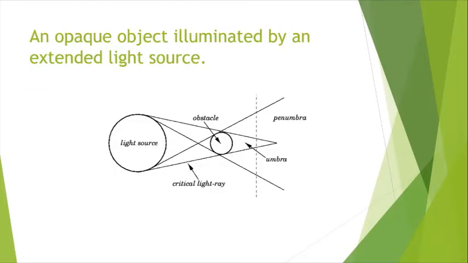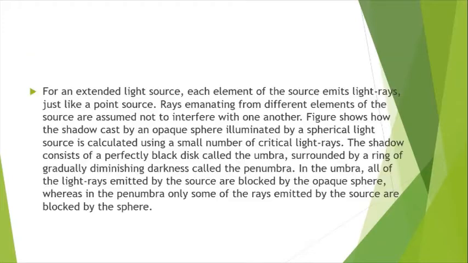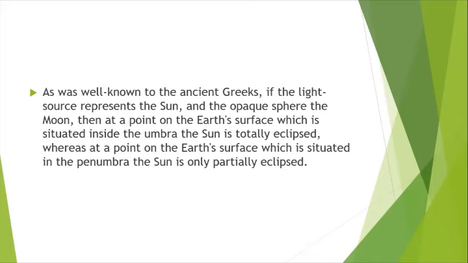Okay, since yung sa Earth naman is yung sa penumbra, may mga part pa rin na makikita galing dun sa light source or dun sa sun, kahit naharangan siya ng obstacle or ng moon. Okay? Kaya ang nangyayari is it's only partially eclipsed kapag penumbra. Kapag umbra, that is totally eclipsed naman.